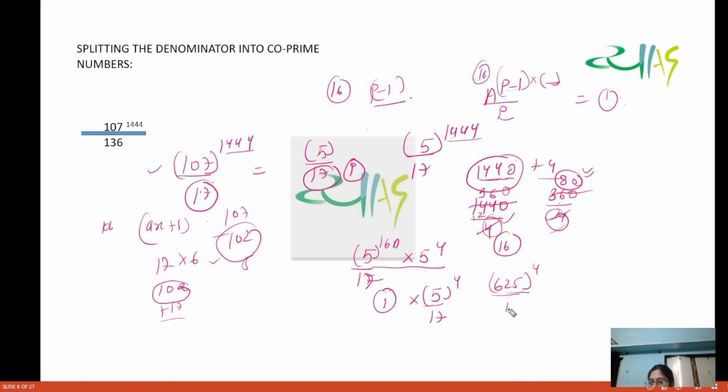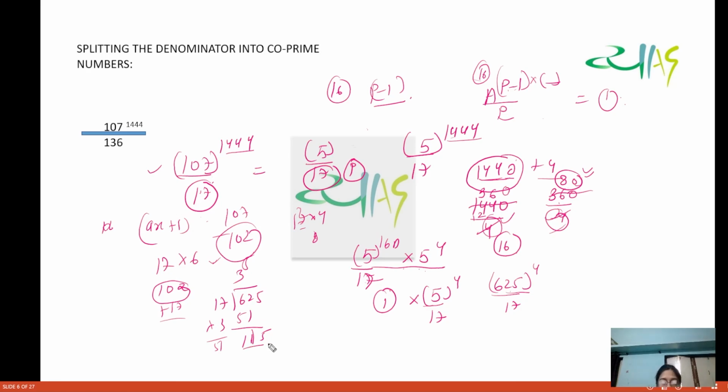This division can be done. So 625, you have 17 3 times is 51, and 17 4 times is 68. Okay, 68. So this will go 3 times. Then you have 51 here. This will go 11 times.